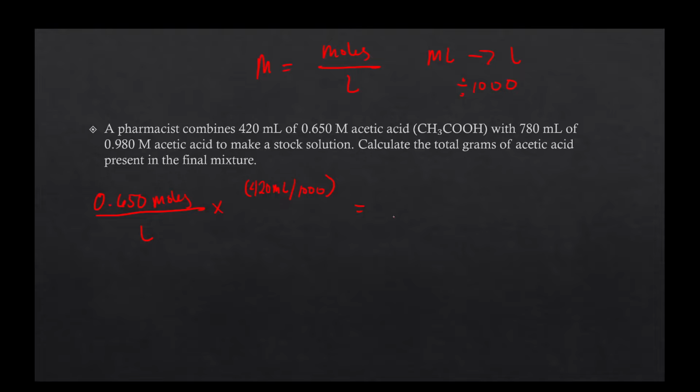We have 0.273 moles from the first solution. The second one, 0.980 moles per liter times how many? 780 ml divided by 1000. 0.980 times 0.78.